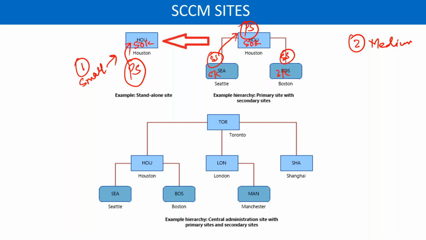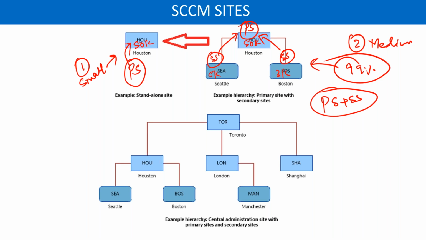Why? Because devices in remote locations don't have good connectivity; we have limited network bandwidth. So in order to control the network bandwidth, we need a secondary site. You will have primary plus secondary sites in this kind of architecture.